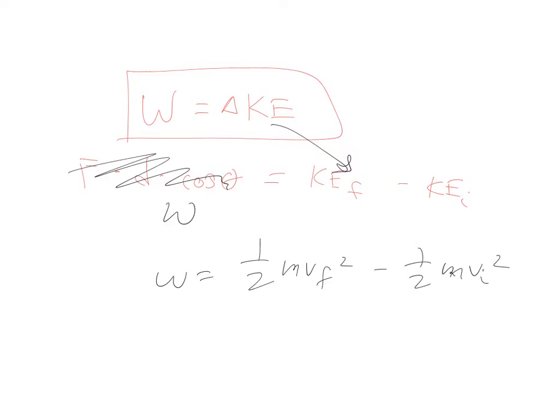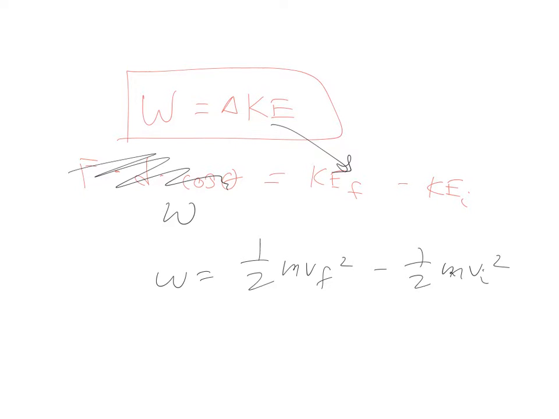So if you're given mass and final and initial velocities, why use F d cosine theta to find the work? Because work is equivalent to the change in kinetic energy. If you can find the change in kinetic energy of an object, you know how much work is being done on that object. If an object speeds up, what kind of work is done on it, positive or negative? But if it slows down, what kind of work?